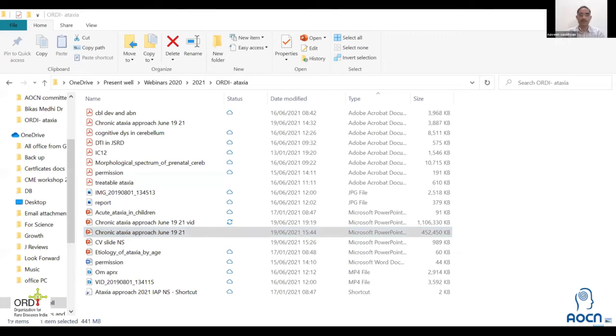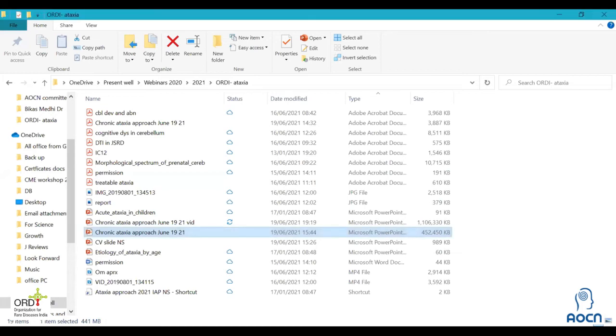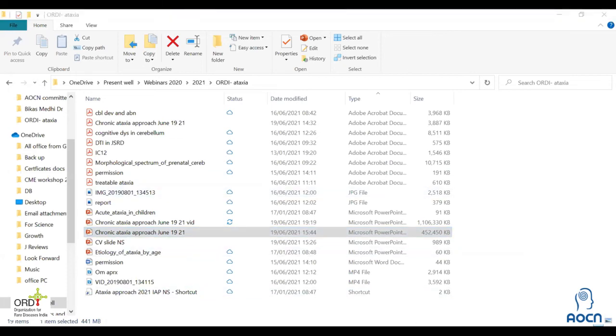Naveen, if any issues are there, you can share your presentation with anybody and that person can share. Don't share the entire screen.